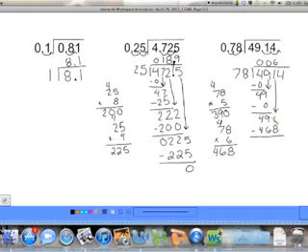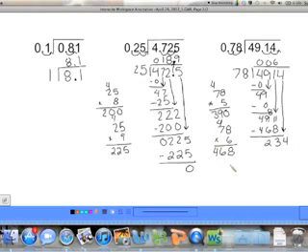We're going to subtract. Can't subtract 1 minus 8, so we have to borrow. And now 11 minus 8 is 3. 8 minus 6 is 2. And 4 minus 4 is 0. Alright, let's bring down the next number. So we know 78 times 5 is 390, and we want a lot less than that. We want 234.